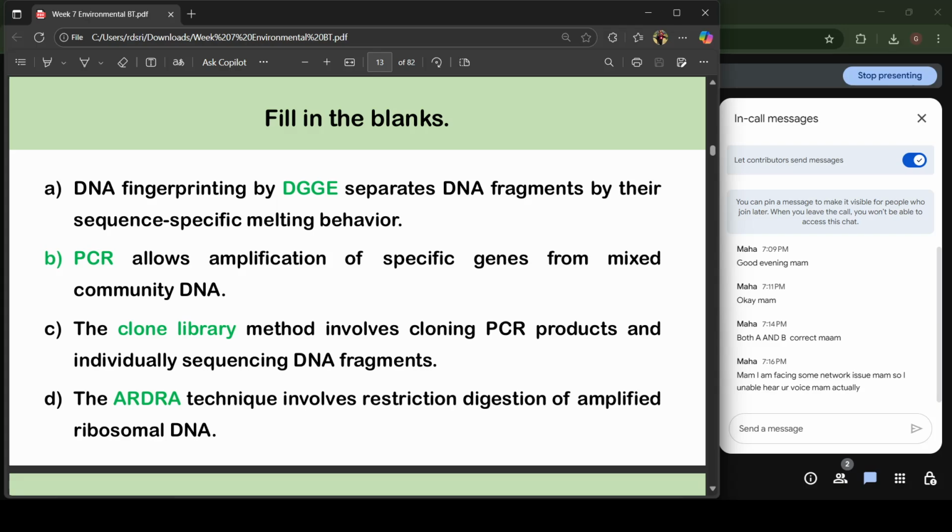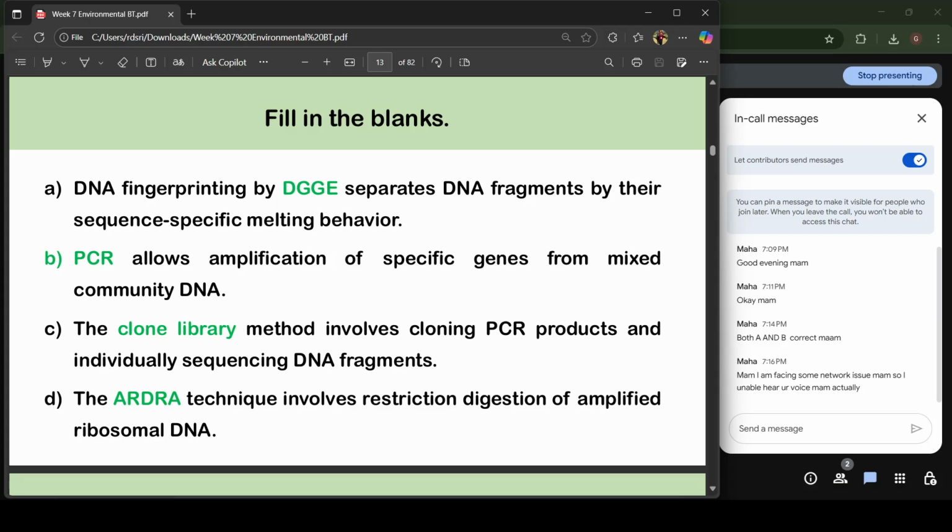So as we saw, we are trying to melt the DNA using different concentrations of denaturing agent in the electrophoresis gel. But we don't want them to completely denature. That is why, in order to preserve it in a slightly joined state, we are using a GC clamp at one end of the DNA.